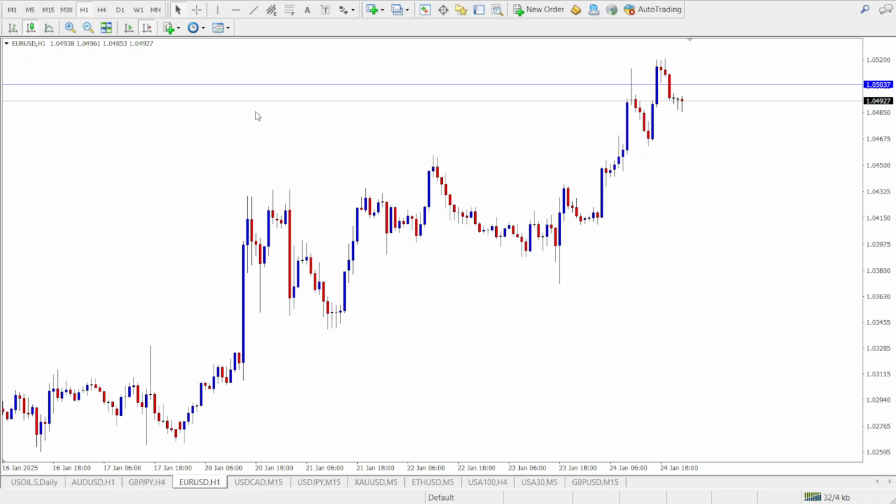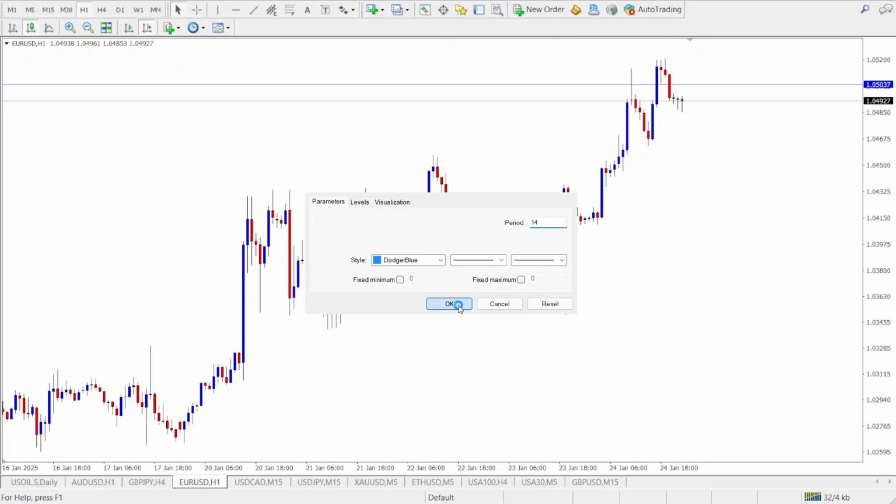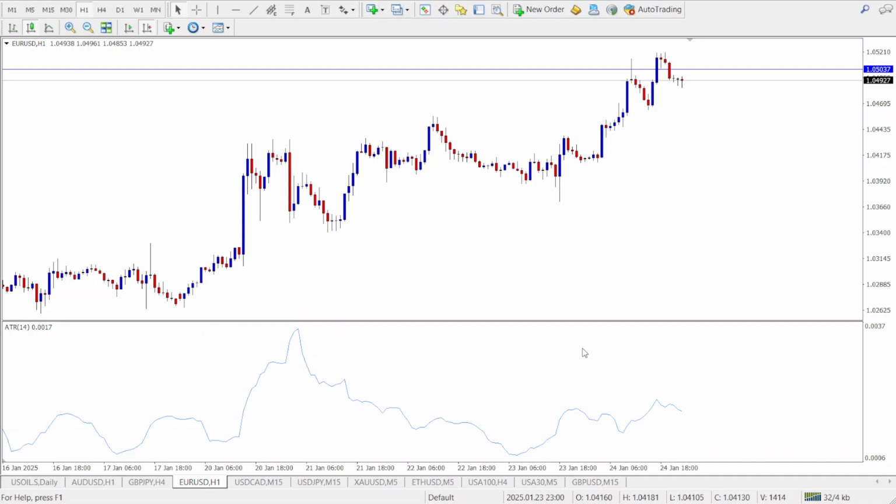This is the ATR indicator, the average true range indicator. Stick around because I'll show you step by step how to integrate ATR into your strategy and take your trading analysis to the next level.